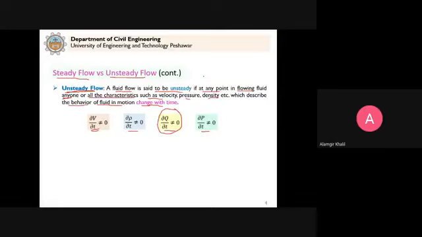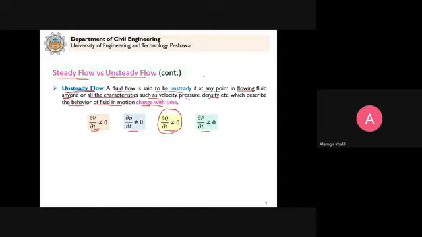So when we are going to study a phenomenon, we are civil engineers. We are going to construct hydraulic structures, and they are going to be designed for steady flow as well as unsteady flow conditions. So why are we interested in studying steady and unsteady flow? Because they have separate analysis and design techniques.